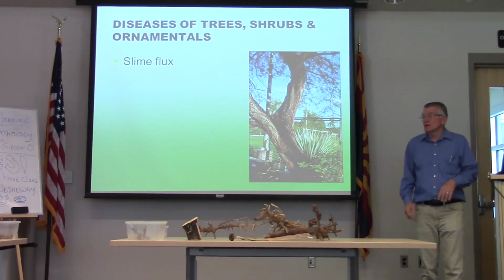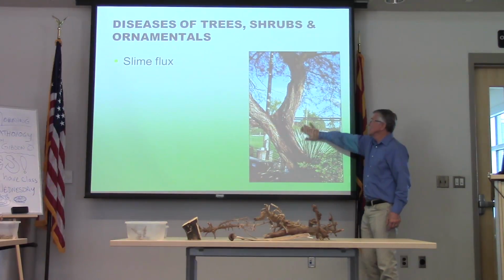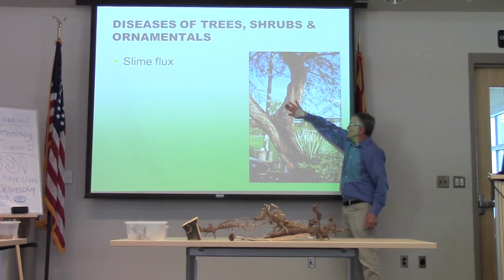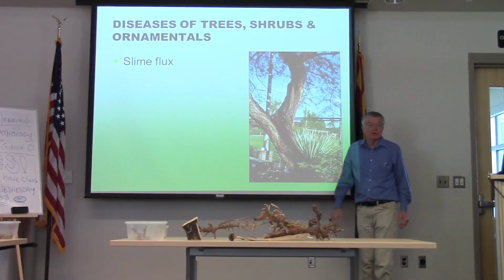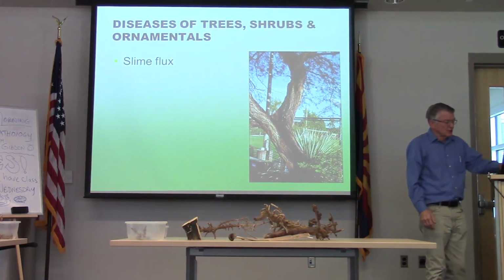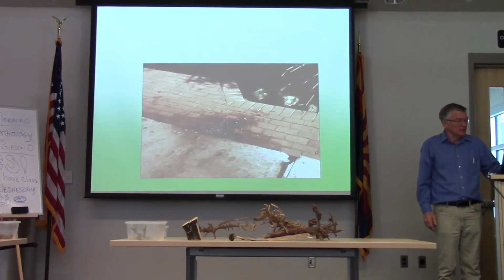This is a disease called slime flux. We see it most commonly in mesquite trees. It'll be a black ooze that runs down the trunk, down onto the ground. We're not exactly sure what causes that. It could be a bacteria or possibly a yeast fungus.